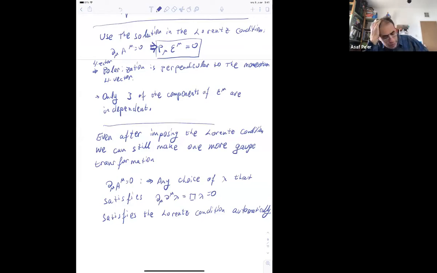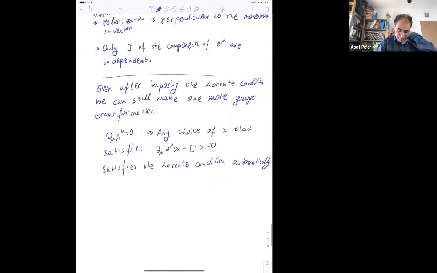As I said, there is more than one such choice. So let us consider some choice of lambda.